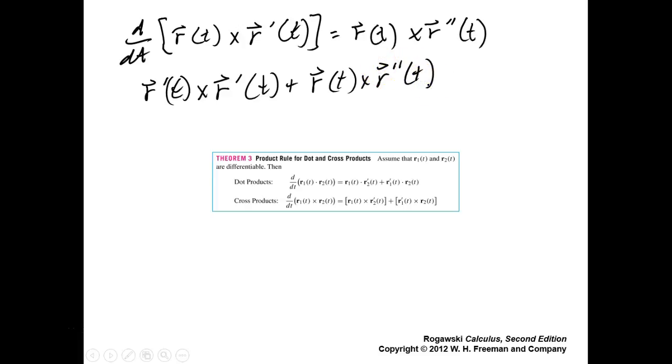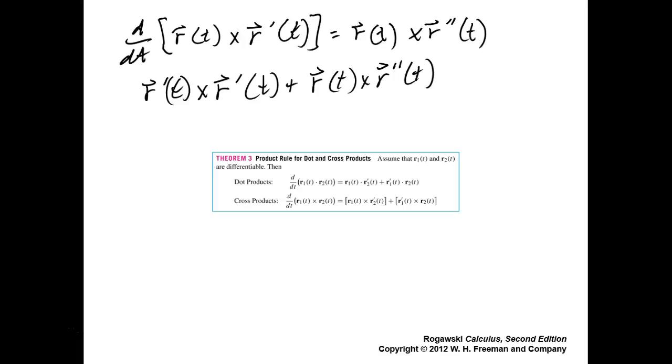I'm assuming the first one goes out. Why? Because they're both the same. Okay, and that means they're parallel. They're the same vectors. And when you cross two vectors that are parallel or anti-parallel, the result is 0. Since those are identically the same two vectors, a vector crossed with itself is 0.